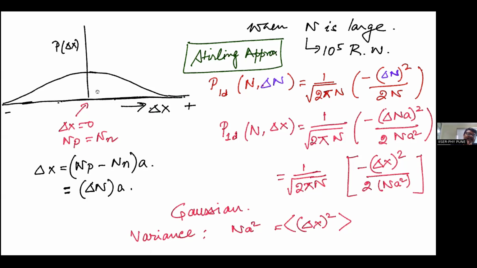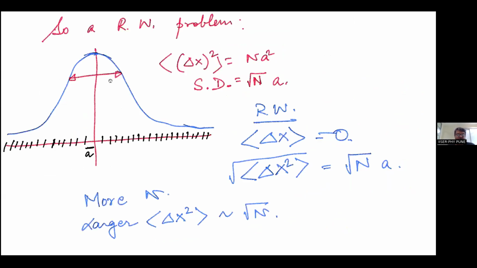And standard deviation is the width of this Gaussian, then that ratio goes as 1 by root n, right? So the larger the number of steps, if you take this relative standard deviation by the maximum displacement possible, it is actually becoming sharper and sharper, right? So that's the message.